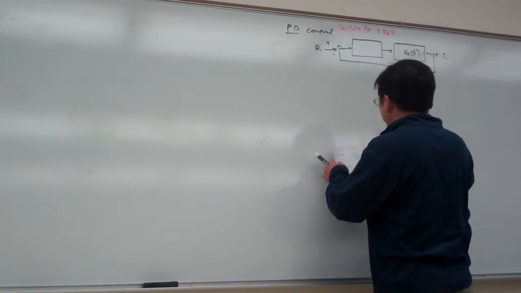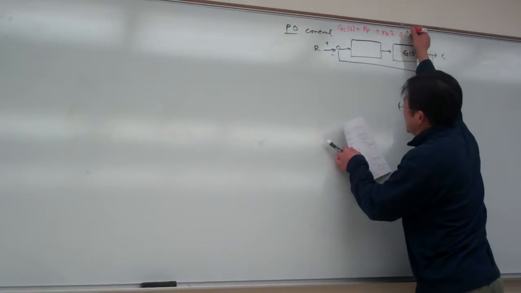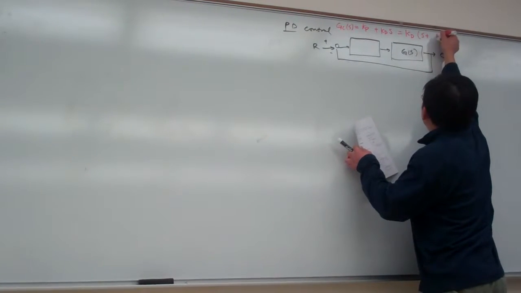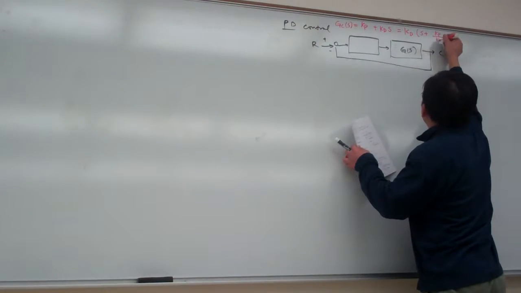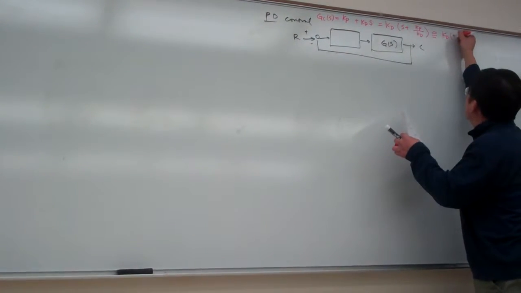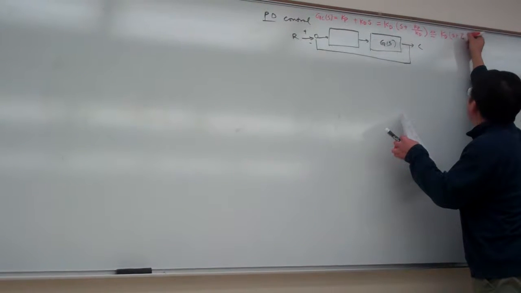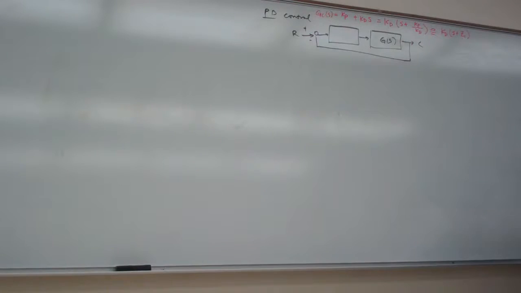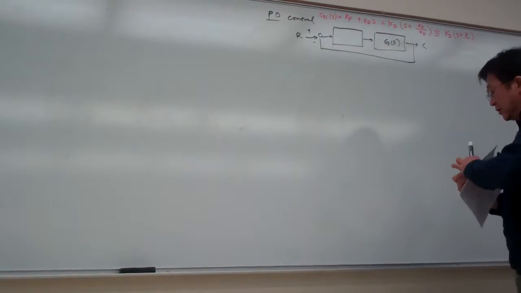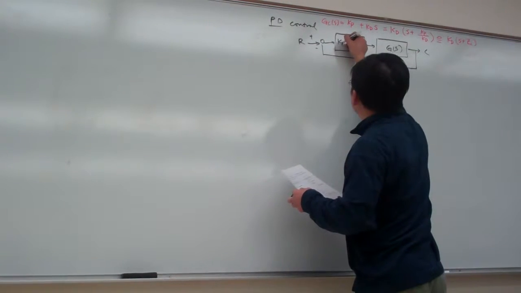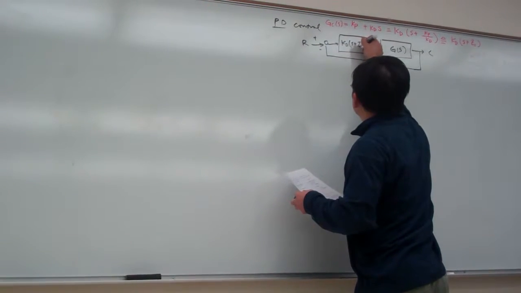And this one we can rewrite into this. So let me put it into here: K_D times (s plus K_P divided by K_D). And let me define this one as K_D (s plus Z_C). So let me put it into this form.